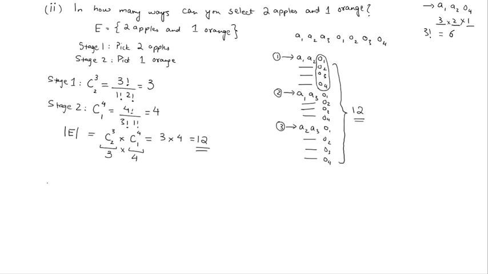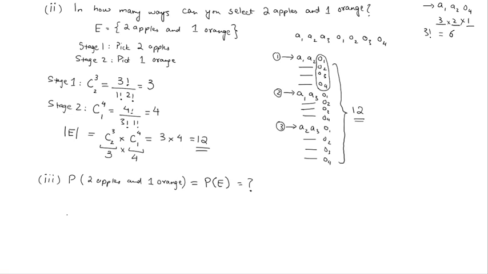And once we have the size of the sample space and we have the size of the event, now I can ask you questions like this. What is the probability of picking 2 apples and 1 orange, which is the same as asking what is the probability of event E?